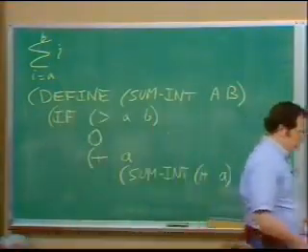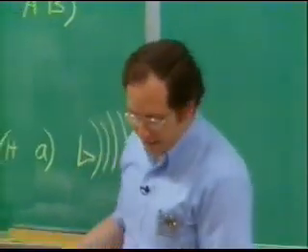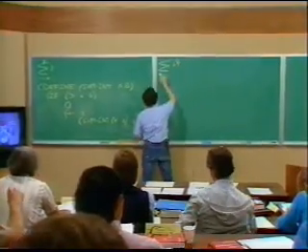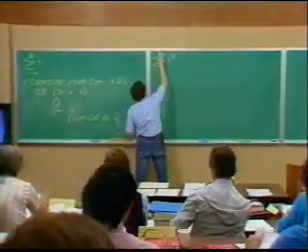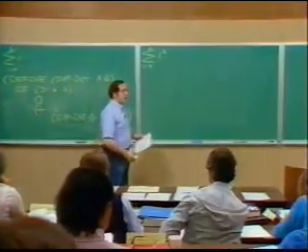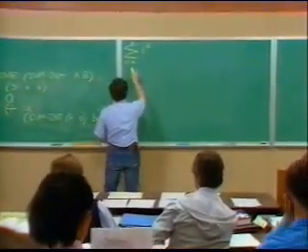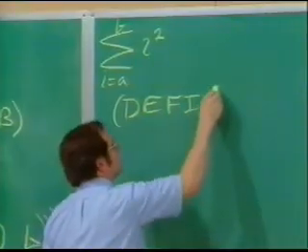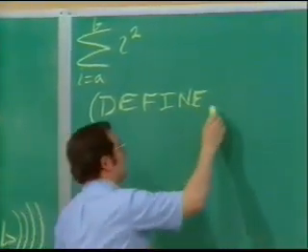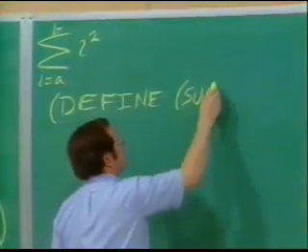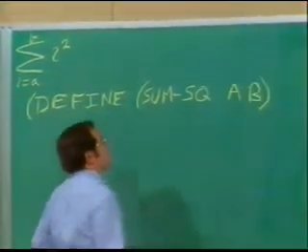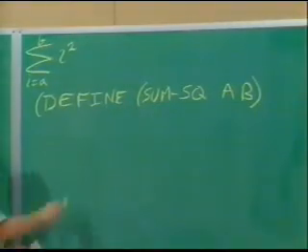Now I'm also going to write down another simple one just like this, which is the mathematical expression, the sum of the squares from I equal A to B. And again, very simple program. And indeed, it starts the same way.